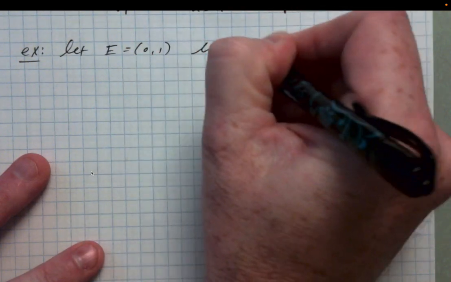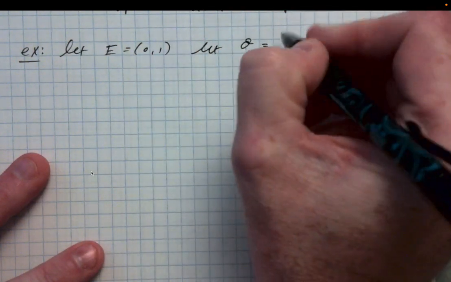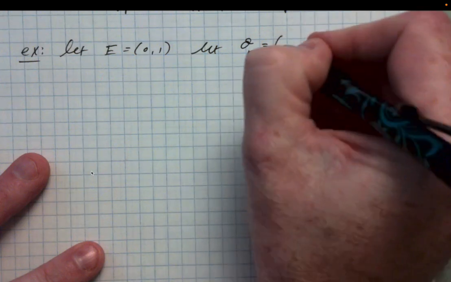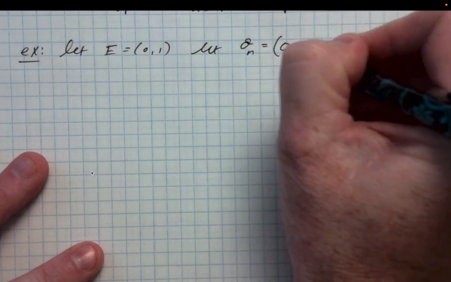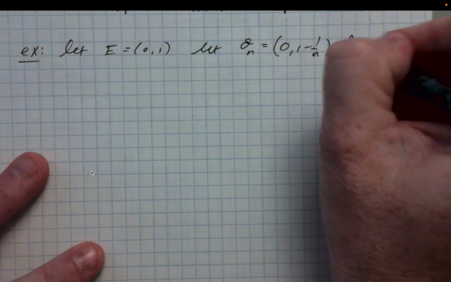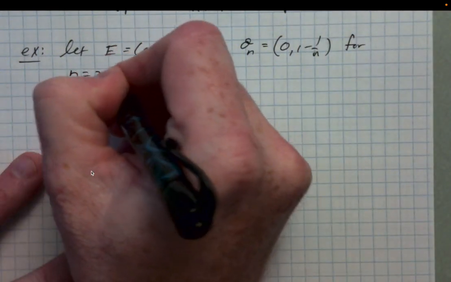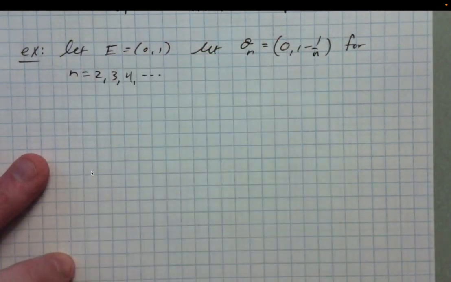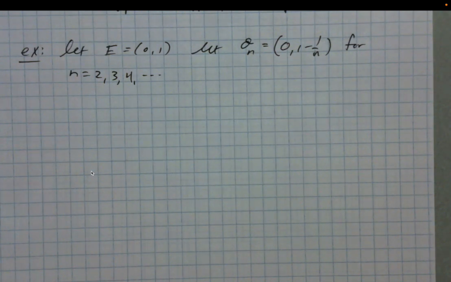Let's let O sub n equal the open interval 0 up to 1 minus 1 over n, for n equals 2, 3, 4, and so on. Infinitely many of them. We just omit the first one, obviously, because that would be E itself.